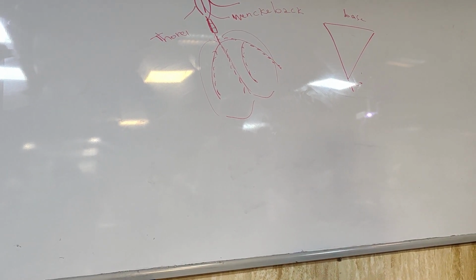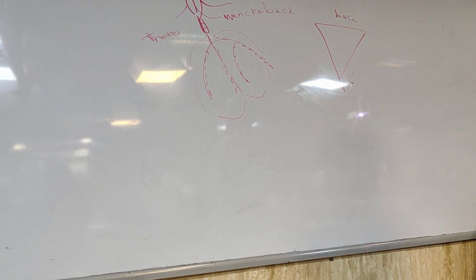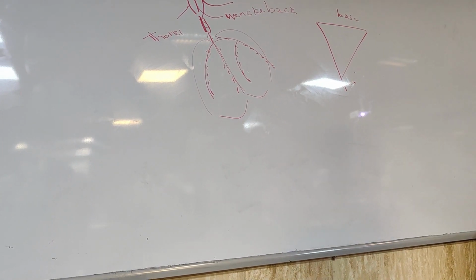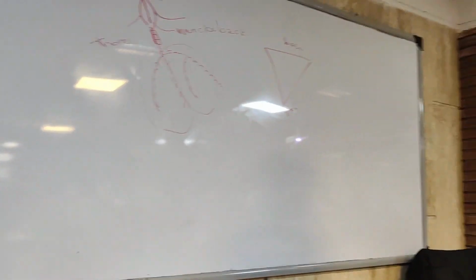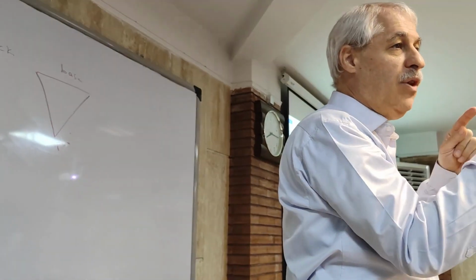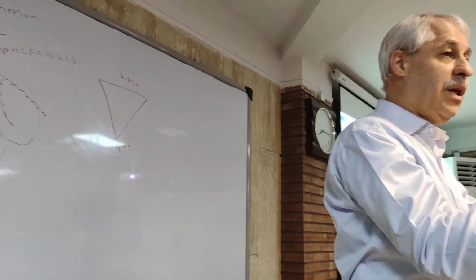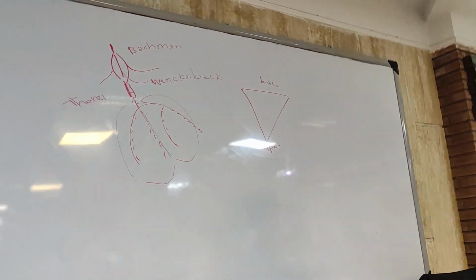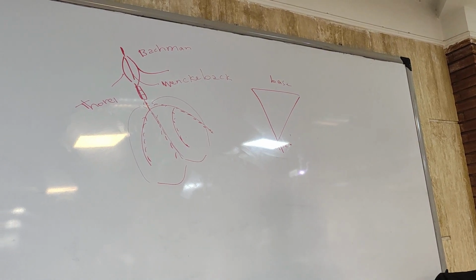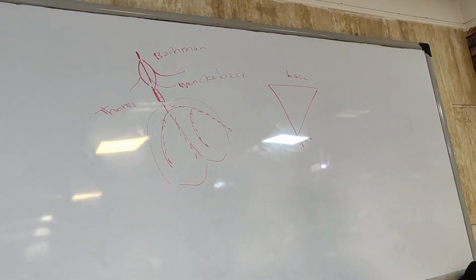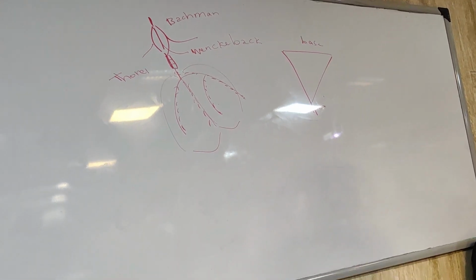From SA, an impulse initiates, passing from the internodal pathway, AV node, His bundle, bifurcation, left and right. So, the atria depolarizes from above to down.